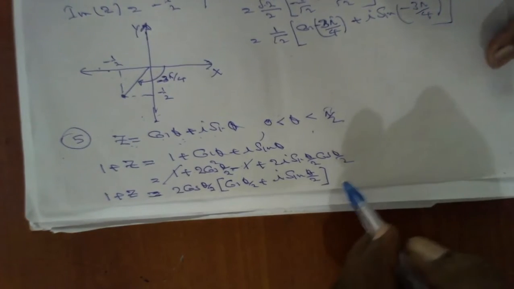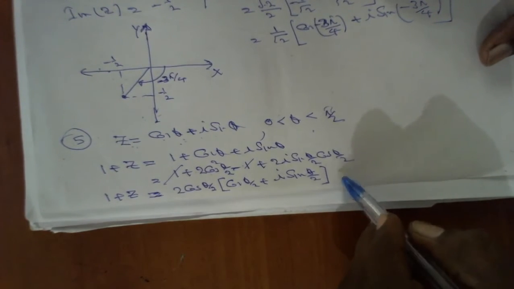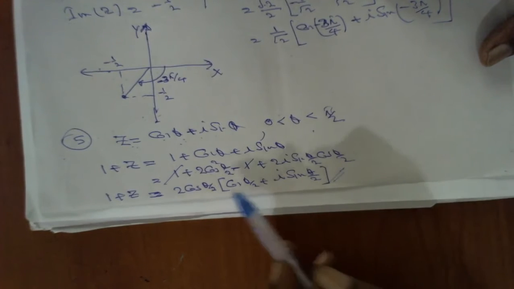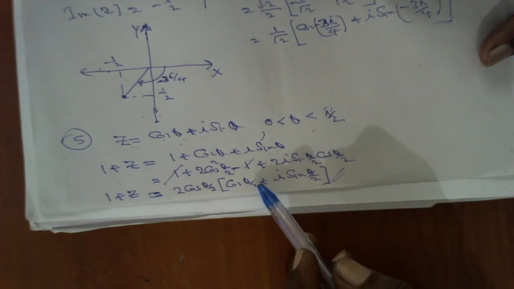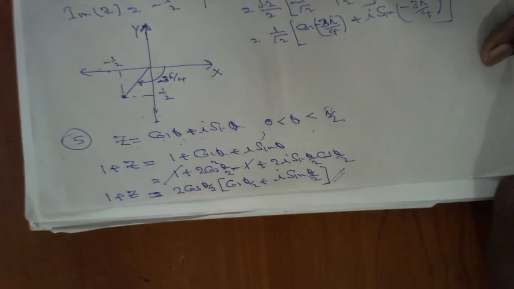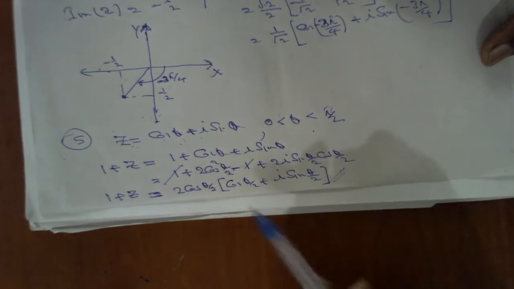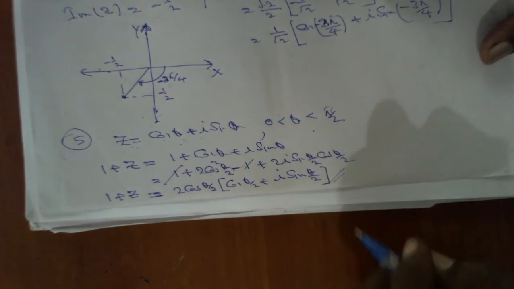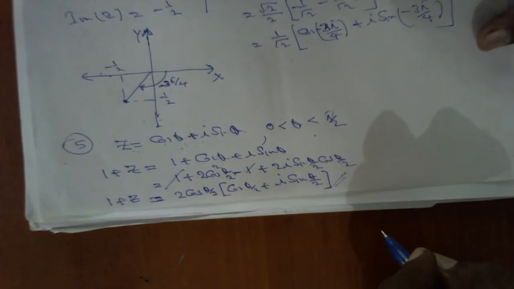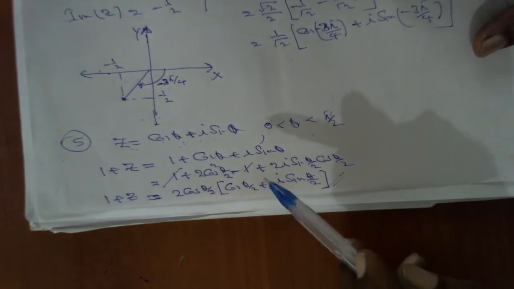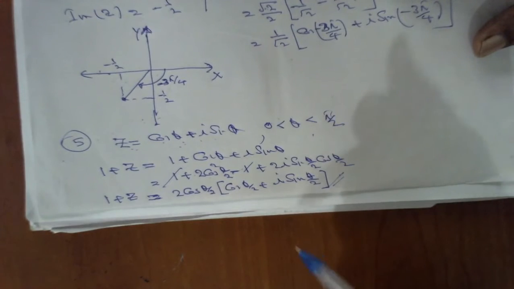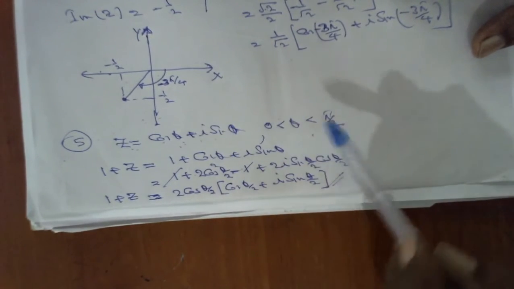Is this the polar form of this 1 plus g? And also, outside there's a cos theta by 2 with the radius. You have to consider theta as a known value; you also know the range of theta.